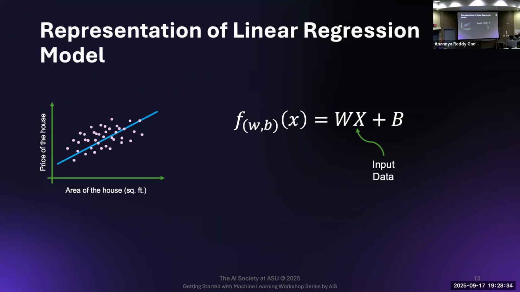That is exactly the same as y equals wx plus b, where x is the input data, for example here it's the area in square feet, and w is the weight parameter, the slope that we'll be calculating, and b, the bias, is the y-intercept. You can see it right there on the y-axis. So that's how we got to this equation. It's basically the straight line equation, y equals mx plus c.